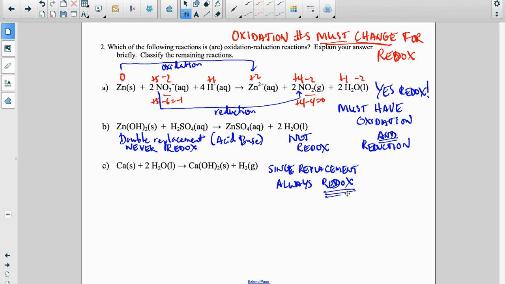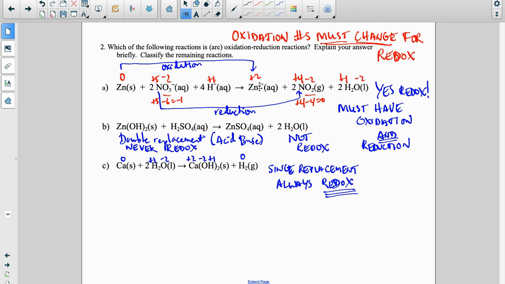Always redox. Okay, so here's a single replacement. Just to check here, our calcium solid is 0. Our hydrogen is 0. Now, if we look in our water, we know hydrogen is +1, the oxygen is -2. Here in calcium hydroxide, we've got the monatomic ion, that's +2, and then oxygen is -2, and hydrogen is +1.